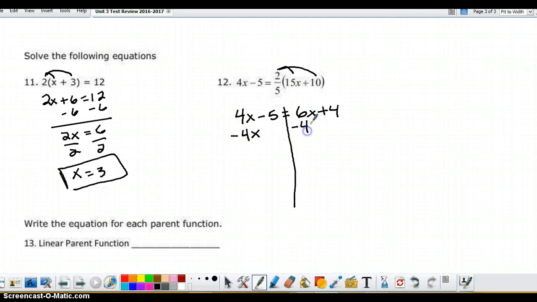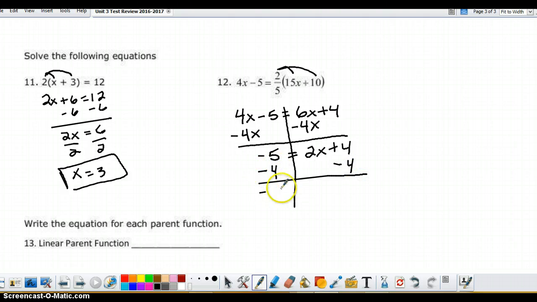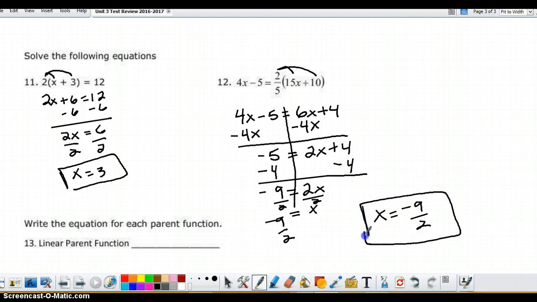So subtract 4, you get -5 equals 2x plus 4. Subtract 4. -9 equals 2x. Divide by 2, and x is equal to -9 over 2. So x equals -9 over 2 is our answer for that one.